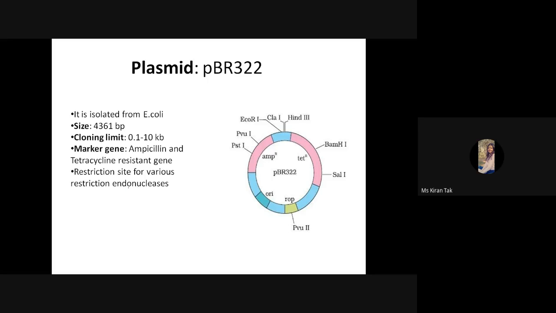The marker genes are the ampicillin and tetracycline resistance genes, and there are restriction sites for various restriction endonucleases like BamHI, SalI, PvuI, EcoRI, HindIII, etc.